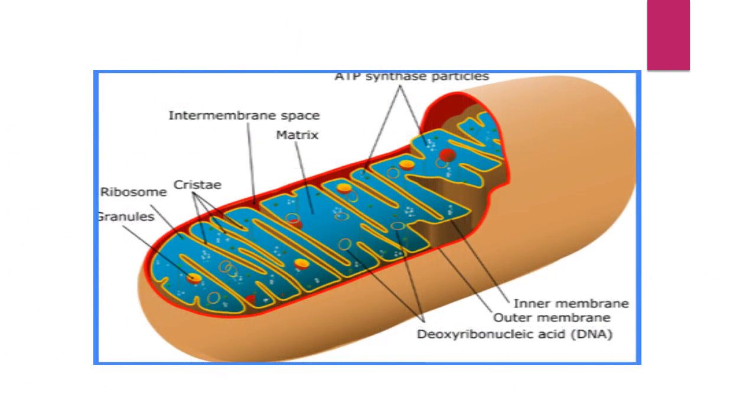This is the structure of mitochondria. You can see the inner membrane, and finger-like growths in the matrix. These are called cristae, and F1 particles are found on the cristae.